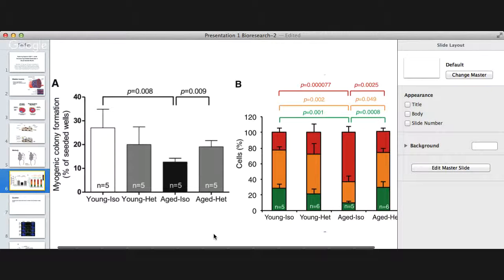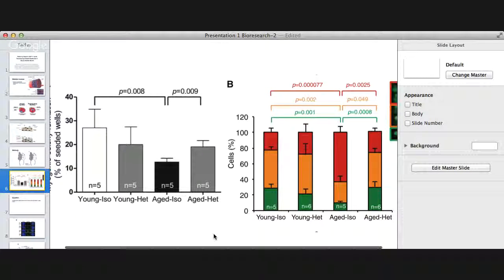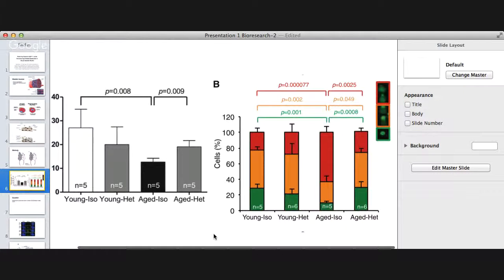So that's that. Graph B is actually evidence of DNA damage, images of the cells, and the most damage that became apparent throughout the research.